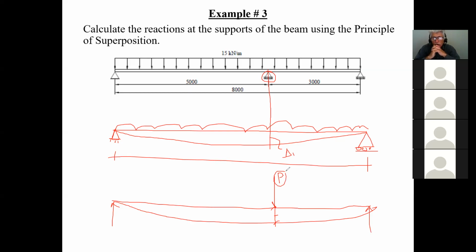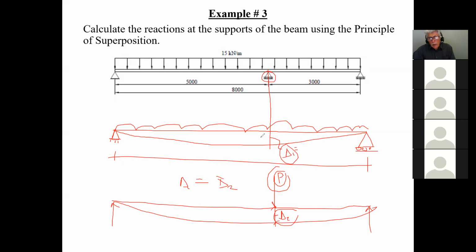Yes, we can. So if the deflection 1 here is equal to the deflection 2, if I can calculate the deflection by this force and make it equal to this deflection here, everybody understands what I'm doing?